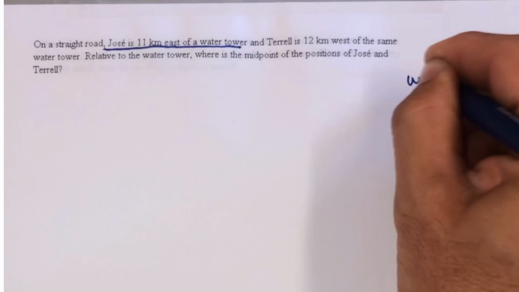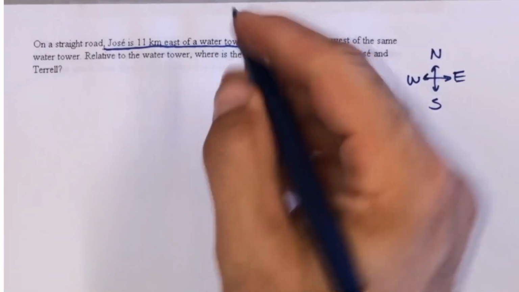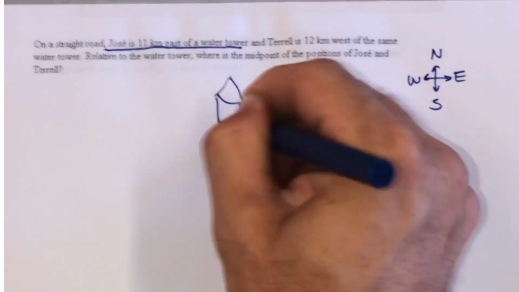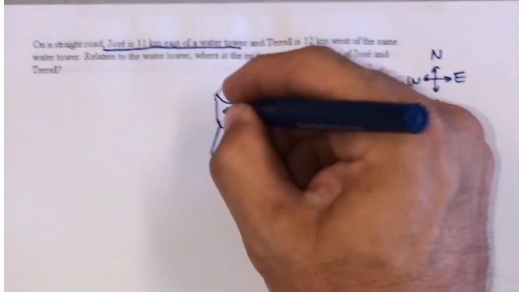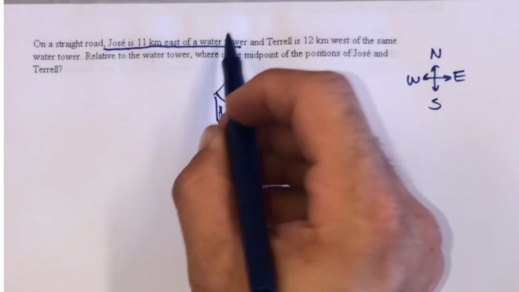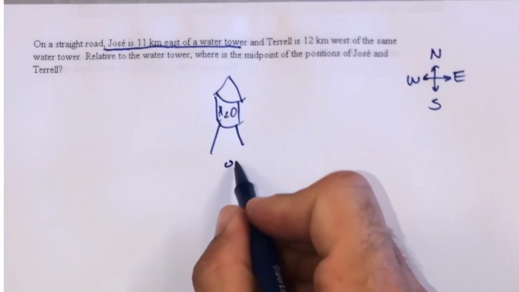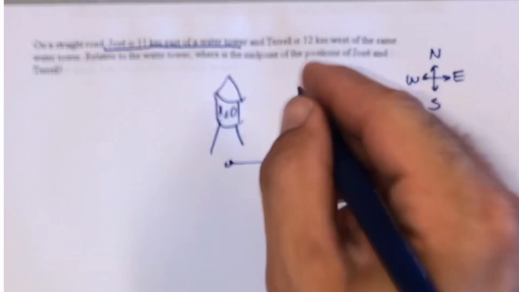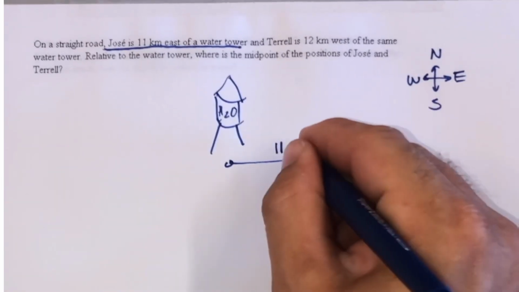That might help. And then start off by actually drawing a water tower, H2O. It's saying Jose is 11 kilometers east of the water tower. So I'm going to give J for Jose here, and I'm going to say this is 11 kilometers.